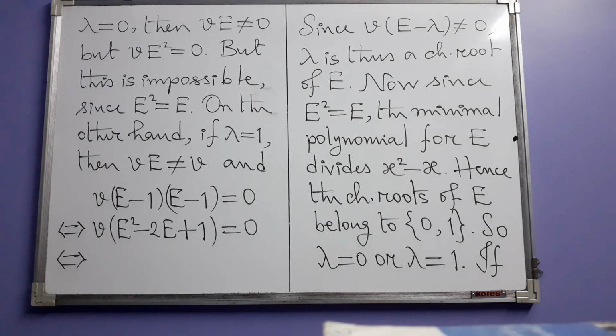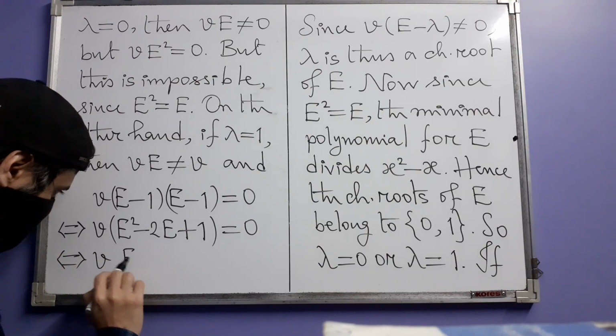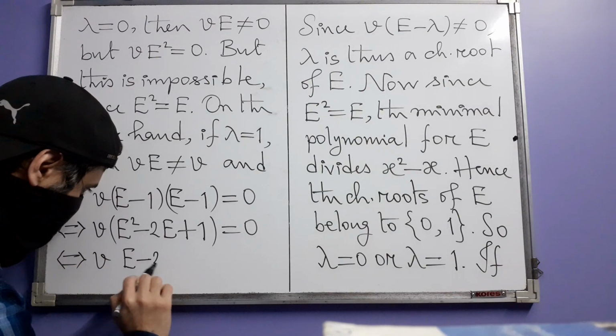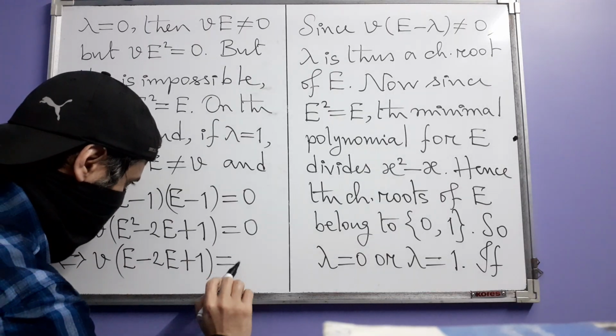Now we know that e square is e. So e minus 2e plus 1 equal to 0.